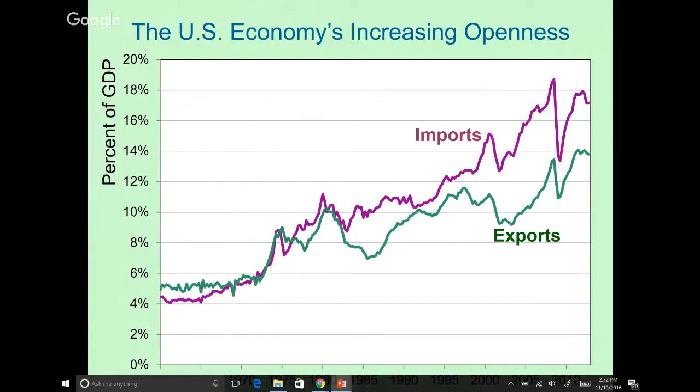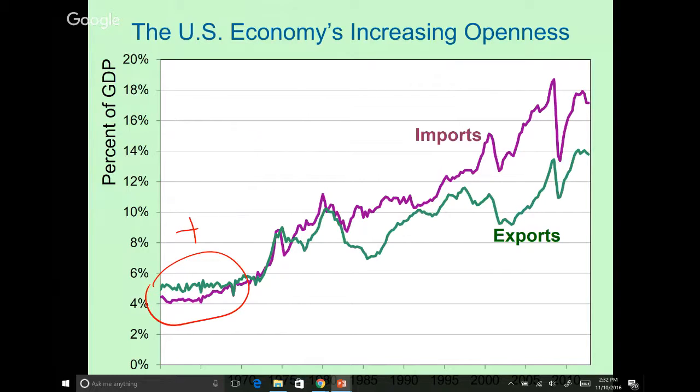Now, this is the chart for the US trade deficit since 1960. You notice how in the early 1960s our export was more than import. So back in those years, we had a positive net export.